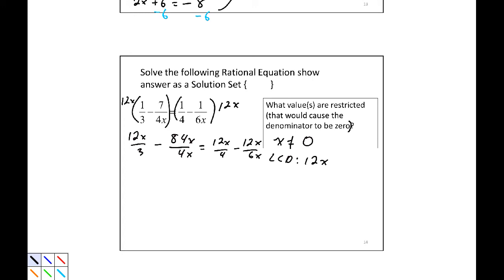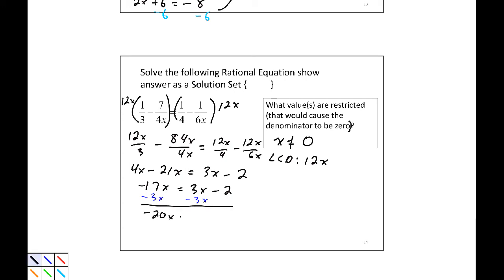Now we reduce those to get 4x minus 21x equals 3x minus 2. So this on the left side is negative 17x equals 3x minus 2. We can subtract 3x to the left side to be negative 20x equals minus 2.